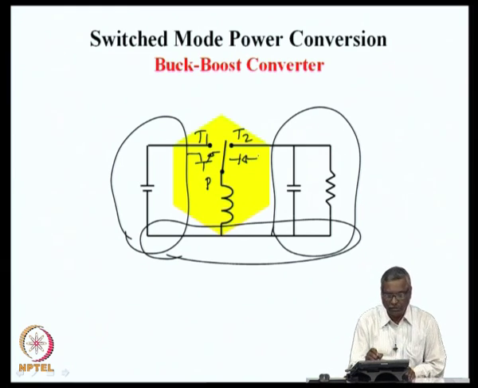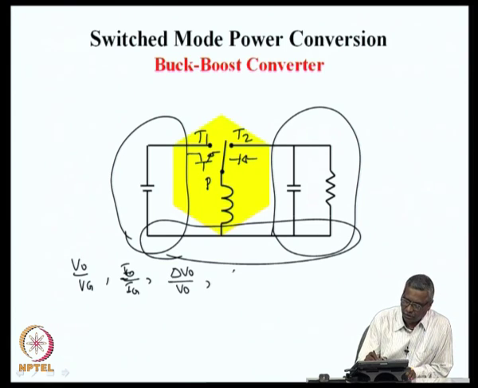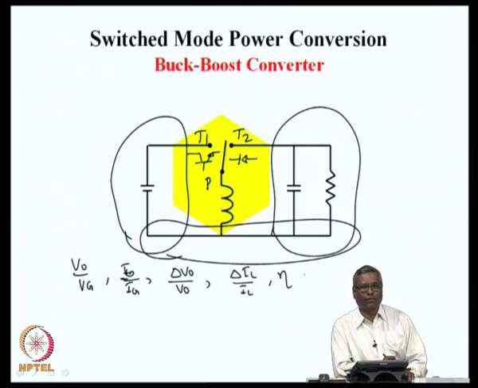All these factors of V naught by Vg, I naught by Ig, then delta V naught by V naught, then delta IL by IL, efficiency. So, these are the steady state performance quantities.